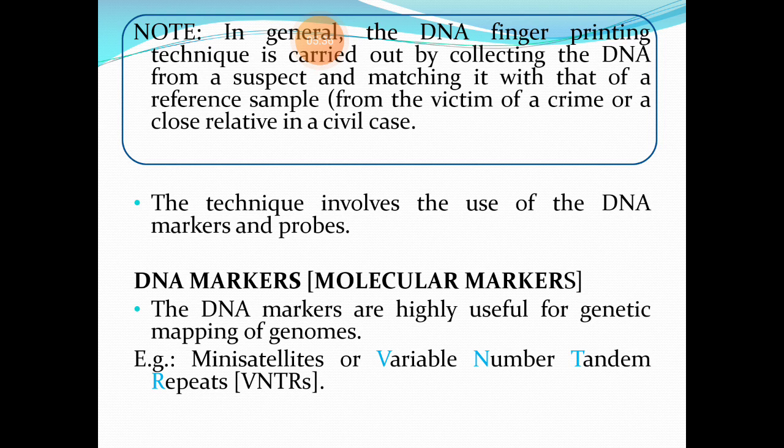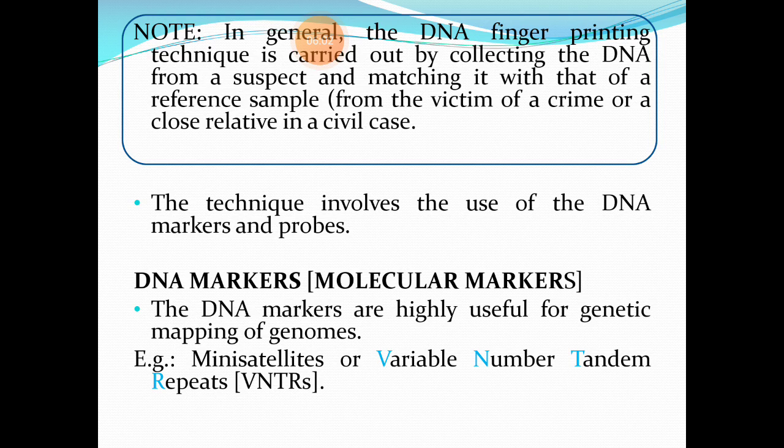Now, the DNA markers are highly useful for genetic mapping of the genomes. I will give the details in the next slide. Best example are mini satellites or VNTRs. VNTR stands for variable number tandem repeats. They are also called mini satellites.